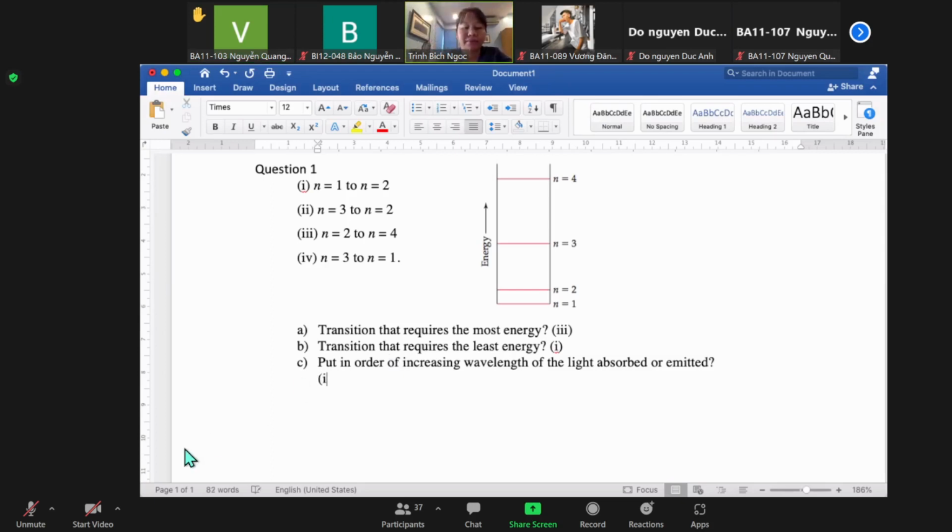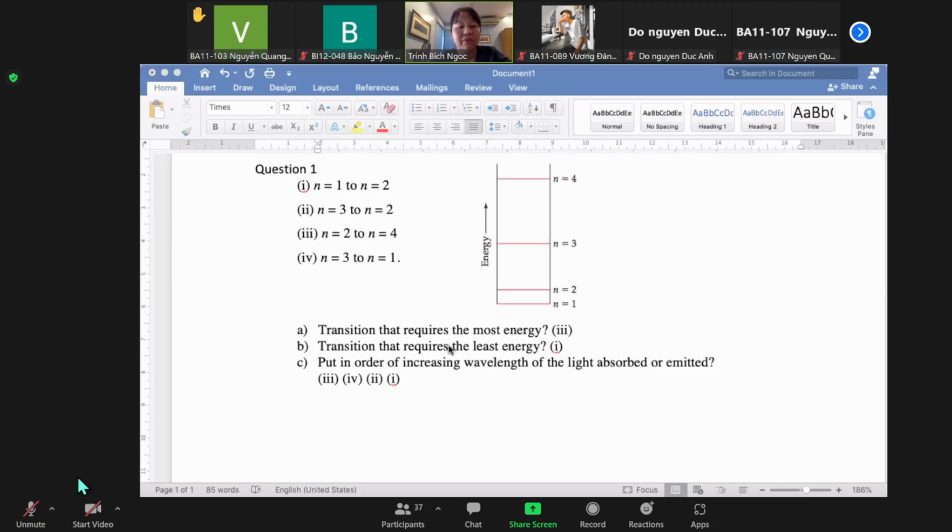Go ahead. 3, 4, 2, and 1. Correct. Why? I arrange this because of... You based on which formula?